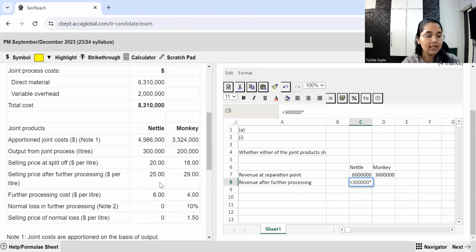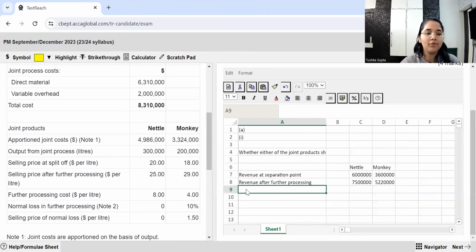So the selling price is 25. And then for the case of Monkey, I have 200,000 units. But I'm going to lose out 10% out of that. That means 90% will be sold as Monkey Plus, and I have to multiply that by the selling price, which is 29. So this is how I have my revenue if I further process Monkey.